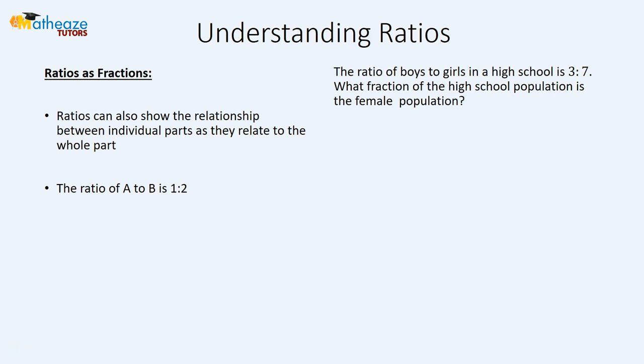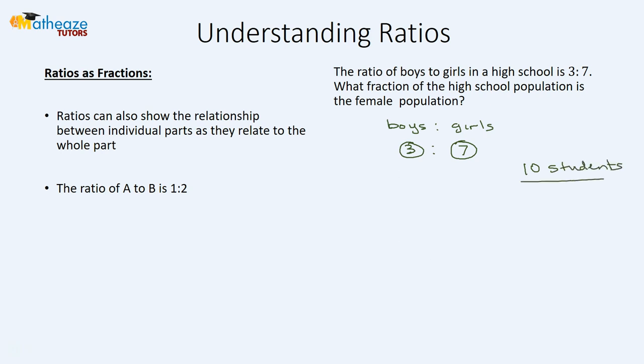So we have boys to girls, 3 to 7. For every 3 boys you have 7 girls. So that tells me that in this ratio we have a total of 10 students.